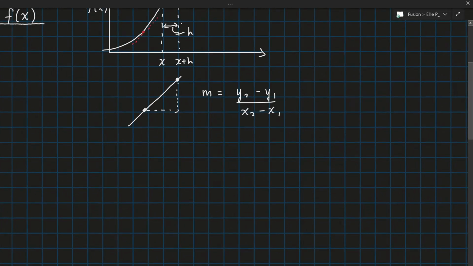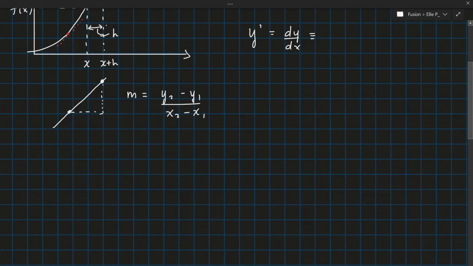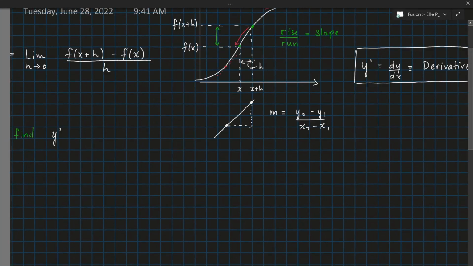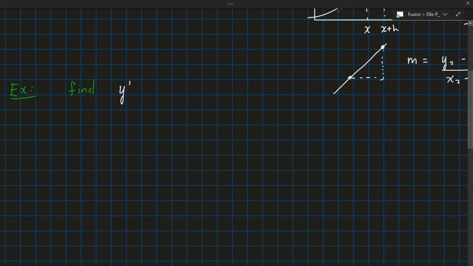Y prime, like that, or dy dx are the two notations that you use for the derivative. So I am asking us to find the derivative of x squared. Okay.